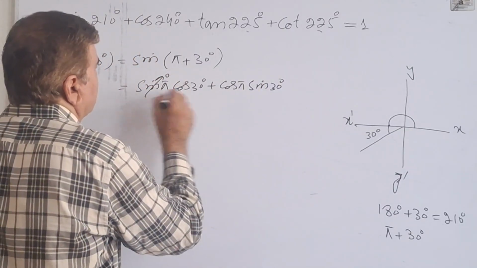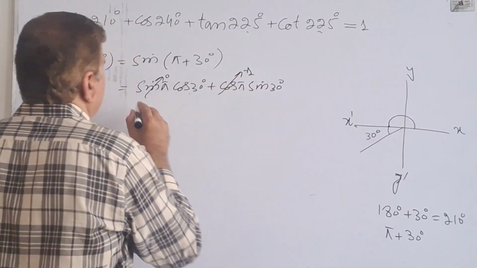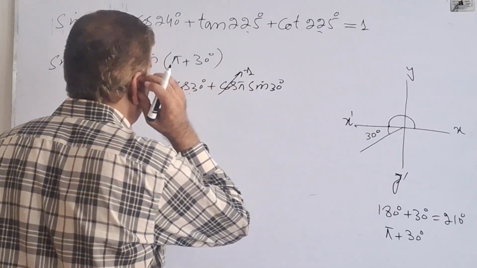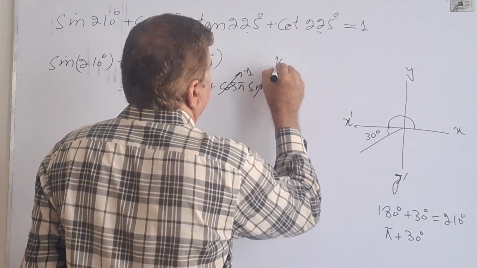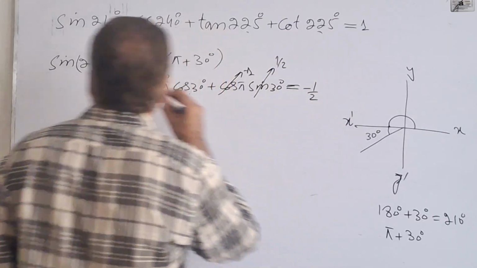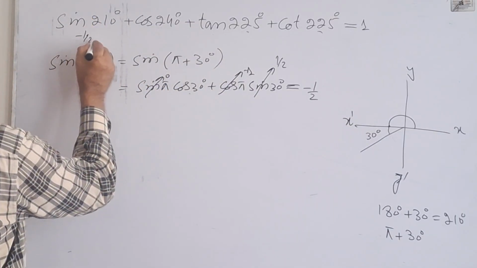Sine pi is 0, so this term vanishes, and cos pi is minus 1. So we are left with minus, and sine 30 is 1 divided by 2, so we are left with minus half. That means the value of this term is minus half.